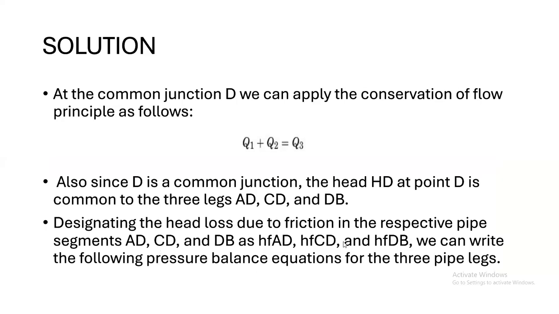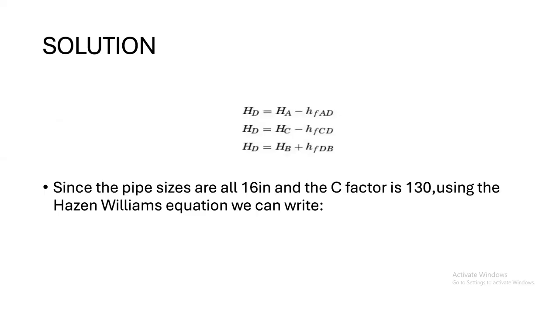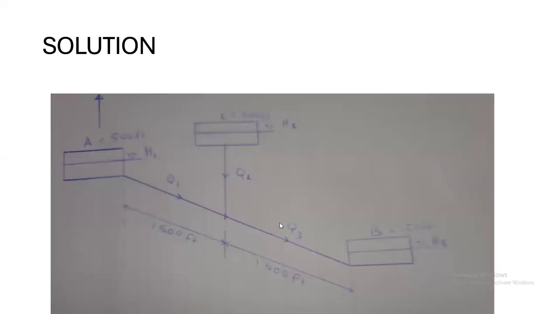Designating the head loss due to friction in the respective pipe segments AD, CD, and DB as HFAD, HFCD, and HFDB, we can write the following pressure balance equations for the three pipe legs. HD is the same as HA minus HFAD.